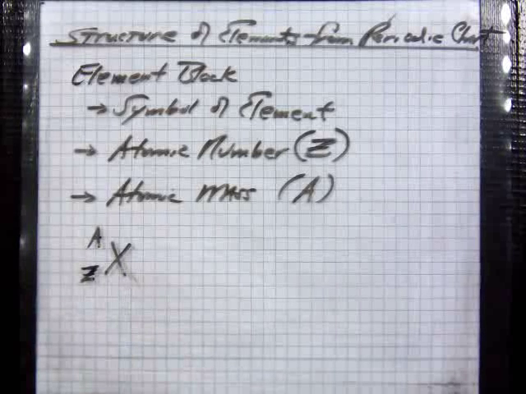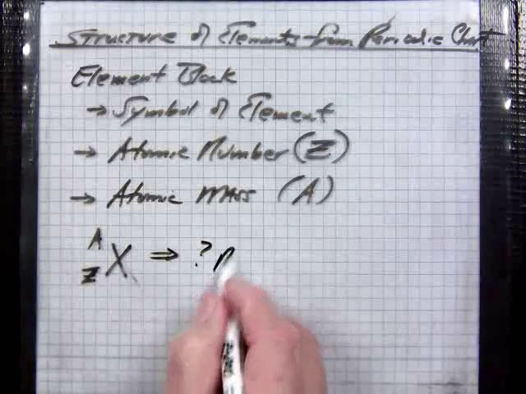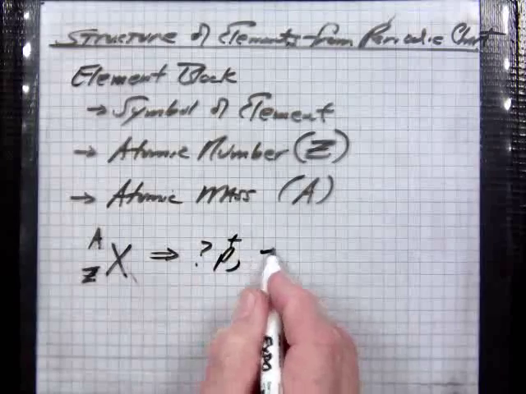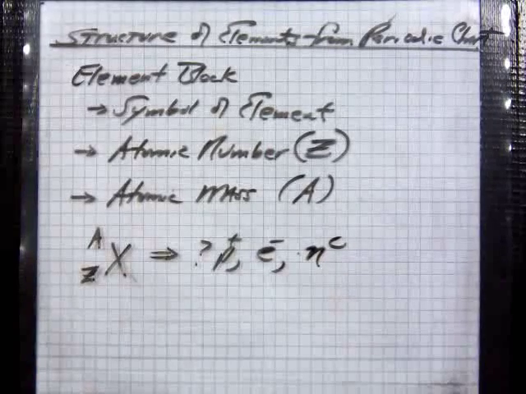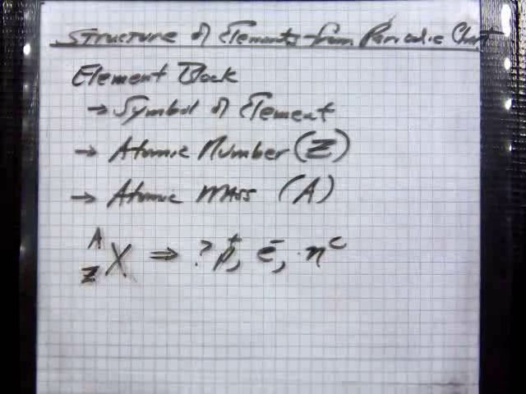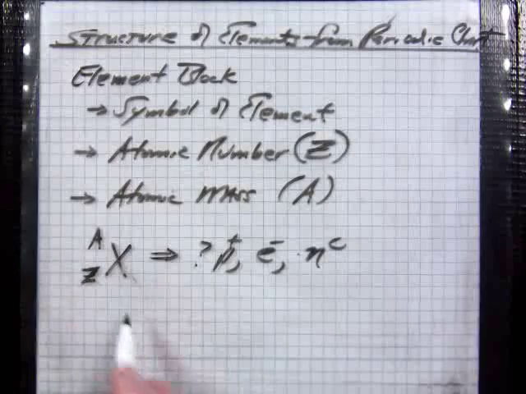Now, the objective is to determine how many protons, electrons, and neutrons a given element has. Well, it's very simple to do. We'll pick carbon, for example.